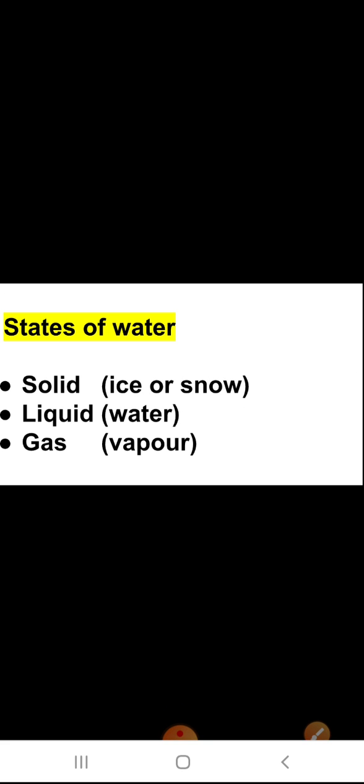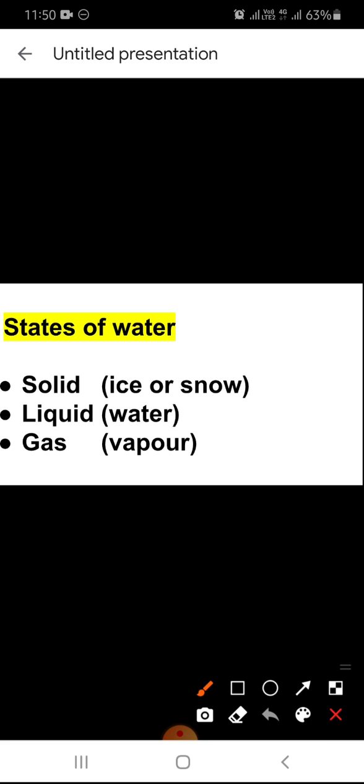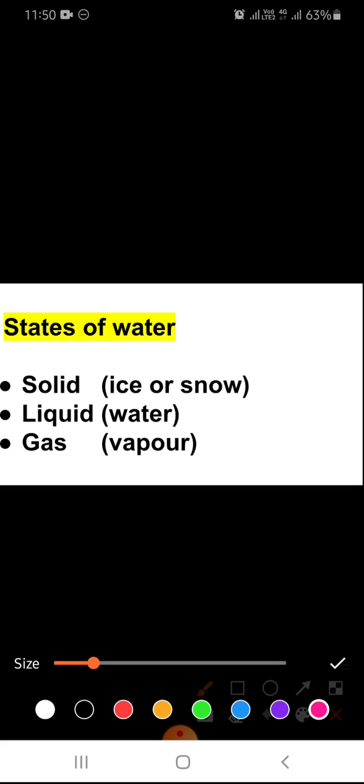Now today we'll study about the states of water. As we all know, water is present in three forms. First one is the solid form, that is ice or snow. Second is the liquid form, that is water, and third is the gaseous form, that is vapor.